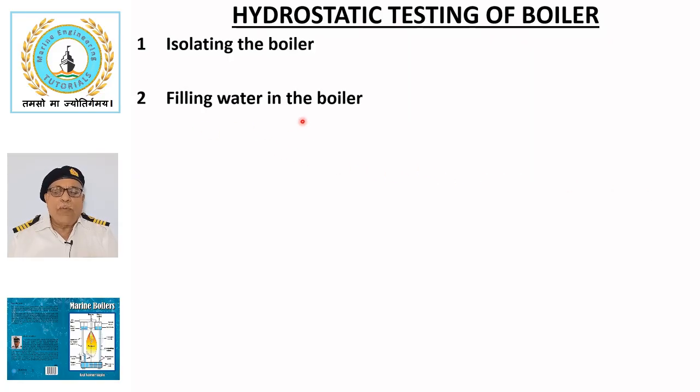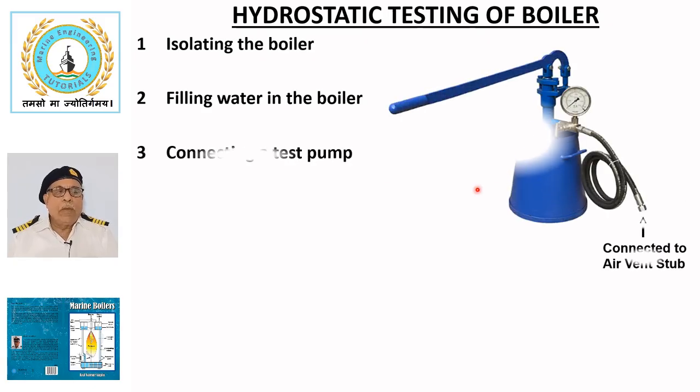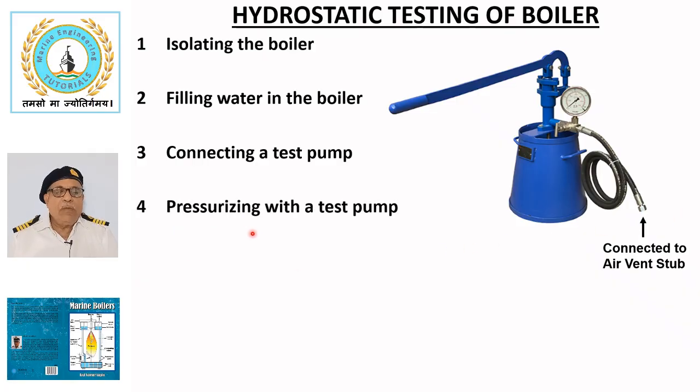Filling water in the boiler. The boiler is completely filled with water from the air vent to remove any trapped air. Connecting a test pump. A test pump is connected to the air vent. Pressurizing with the test pump.